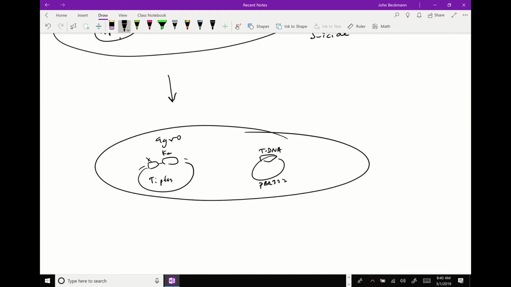Okay? As this replicates, if you add kanamycin, the only cells that are going to survive are the cells that swapped that kanamycin into the plasmid that has the origin that can replicate. Does that make sense? This one's just going to get lost because it's not going to replicate.